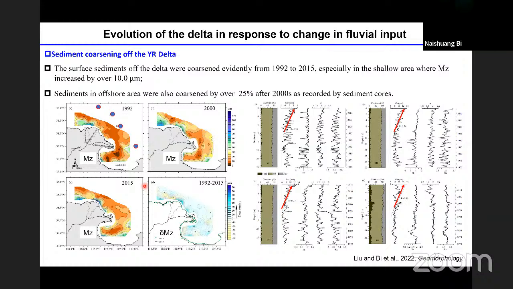The water sediment regulation scheme not only changed the erosion and deposition pattern of the delta lobe, but also the sediment coarsening of the Yellow River Delta. We studied the spatial and temporal variation of sediments of the Yellow River Delta based on grain size analysis of surface sediment in 1992, 2000, and 2015.